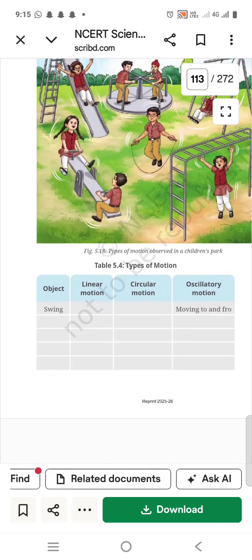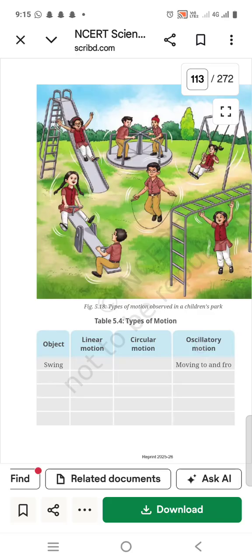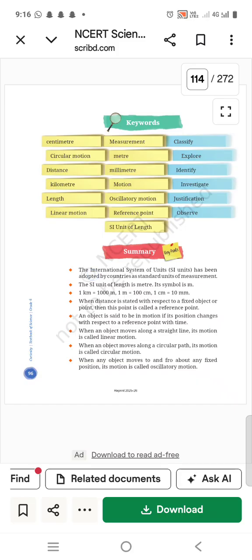You can see here. Tell me here what is correct, what is not correct. Here are the keywords.